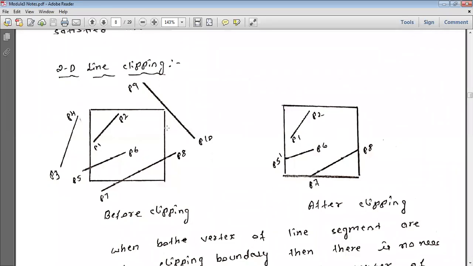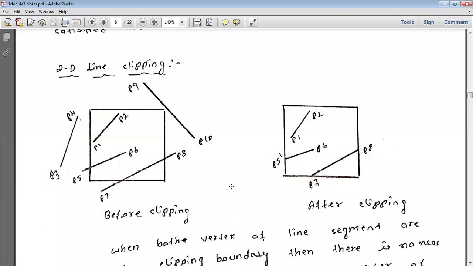That means if this is the input I give, this is the output that I require. Clearly see the difference: all the lines or parts of the lines within this window have been retained, and all the lines or parts of the lines outside that window are eliminated.